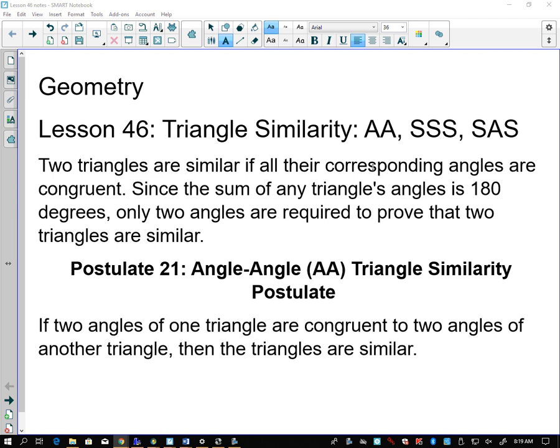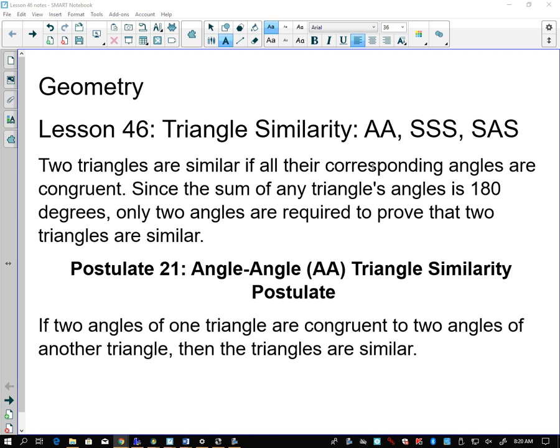Postulate 21 is the angle-angle triangle similarity postulate. We don't have to have side congruencies in order to prove that two triangles are similar, like we do with congruence. In triangle congruence, we have to have at least one side.